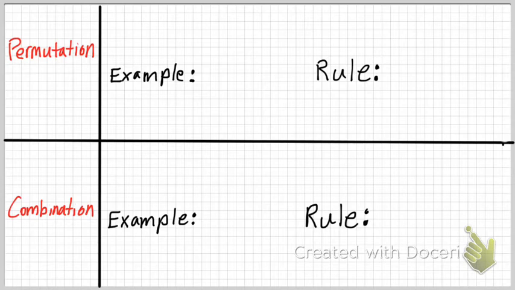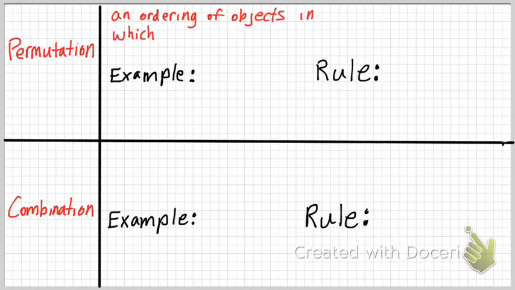All right, so here under permutation, we can write that the definition is an ordering of objects in which the order is important.